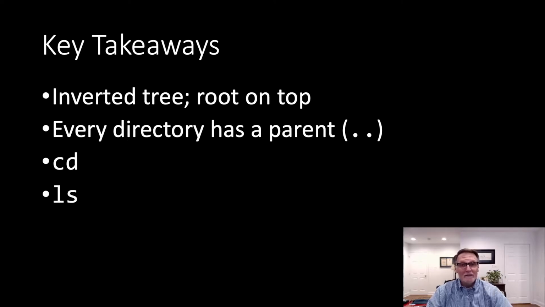To list the contents of a directory in the file system, we type ls, which is shorthand for list. Our home directory is represented by the shortcut character tilde, which is next to the number 1 on your keyboard. And finally, to get a fully expressed path from the root of the file system to wherever you are, you would type pwd, which is short for print working directory.